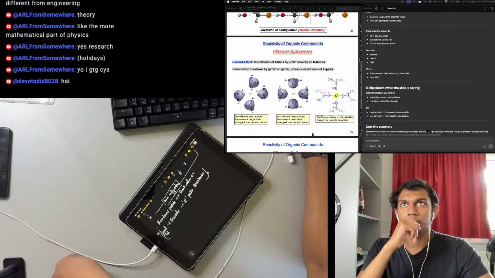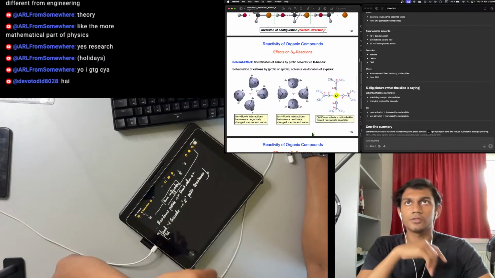Solvation of anions by protic solvent through H bond. Solvation of cations by solvents via donation of electron pairs.